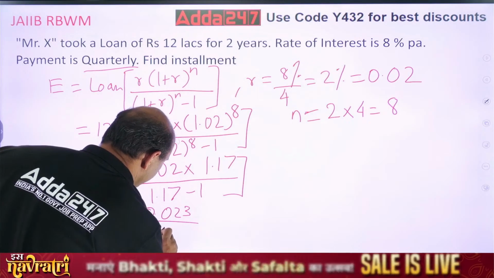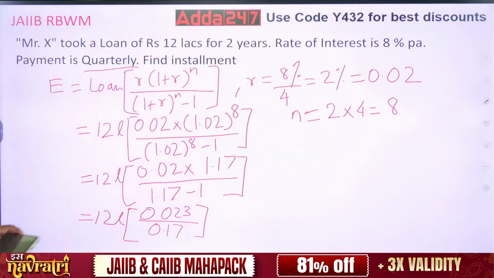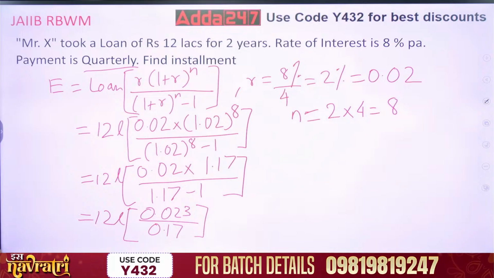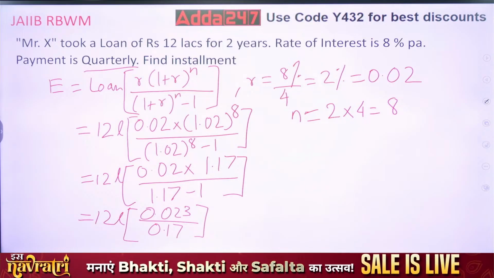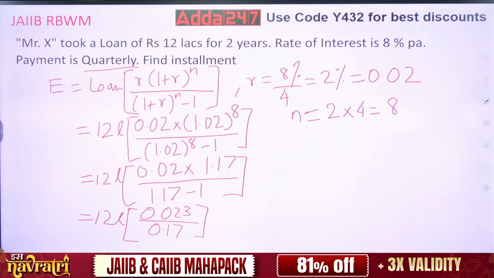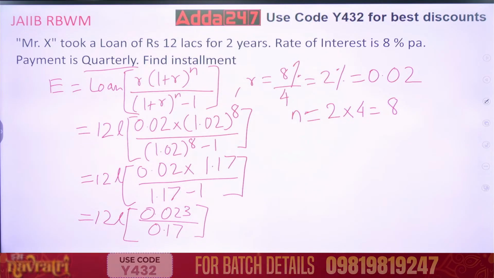So it is 0.17. Getting this? Everyone clear? So divide it. 0.023 divided by 0.17. So you'll get it as 0.137.